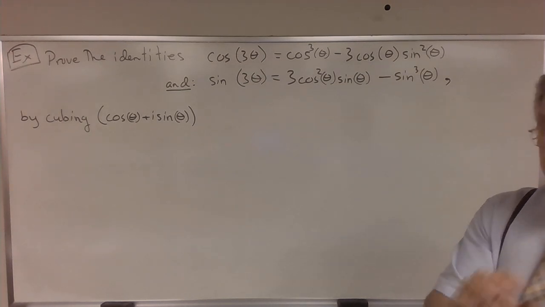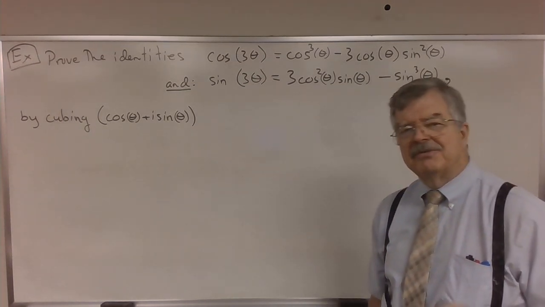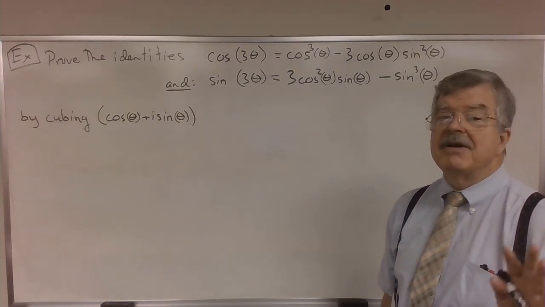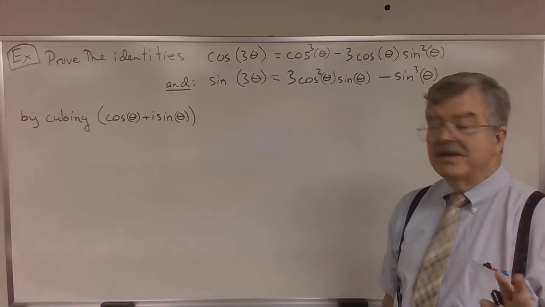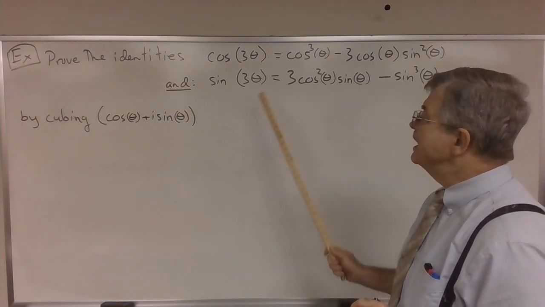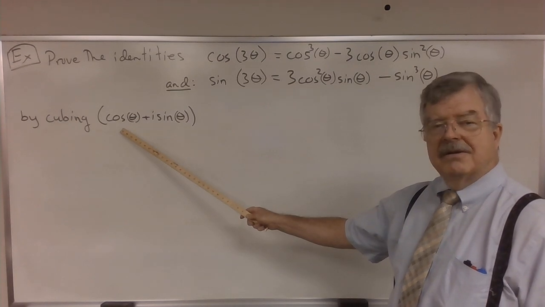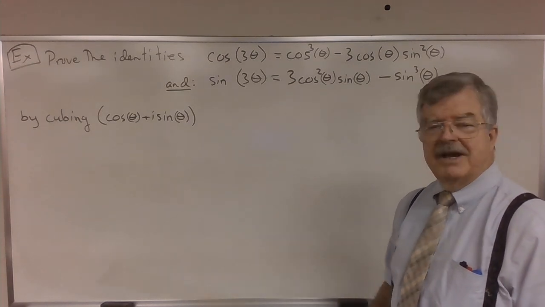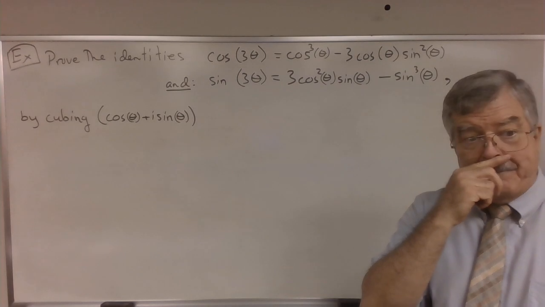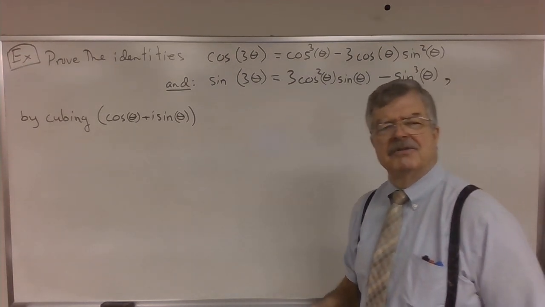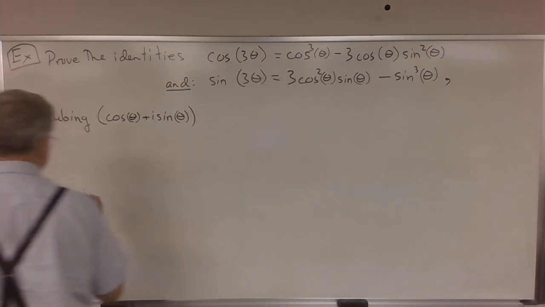Now, the person that designed this exercise was not completely heartless. They gave us an idea of how to approach proving these two identities. They tell us to cube cosine theta plus i sine theta. So let me try the complex variables approach first.